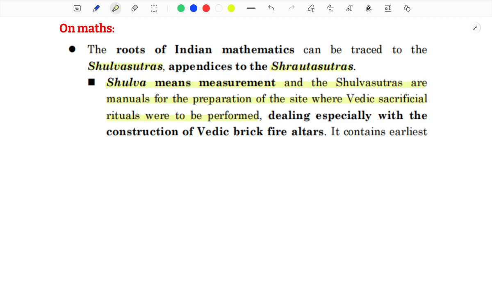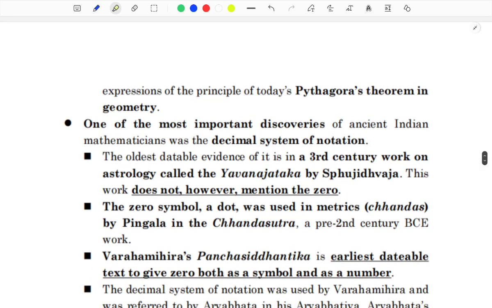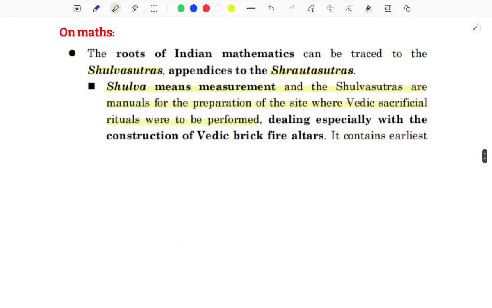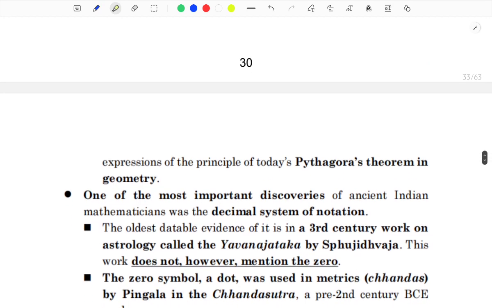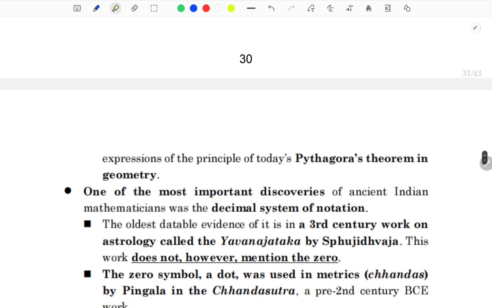If you remember that diagram, the Agni, that fire, in this direction, in the pit of this shape. I hope you are getting me. They deal especially with the construction of the Vedic brick fire altars. And your Shulva Sutra also contains the earliest expression of the principle of today's Pythagorean theorem in geometry.